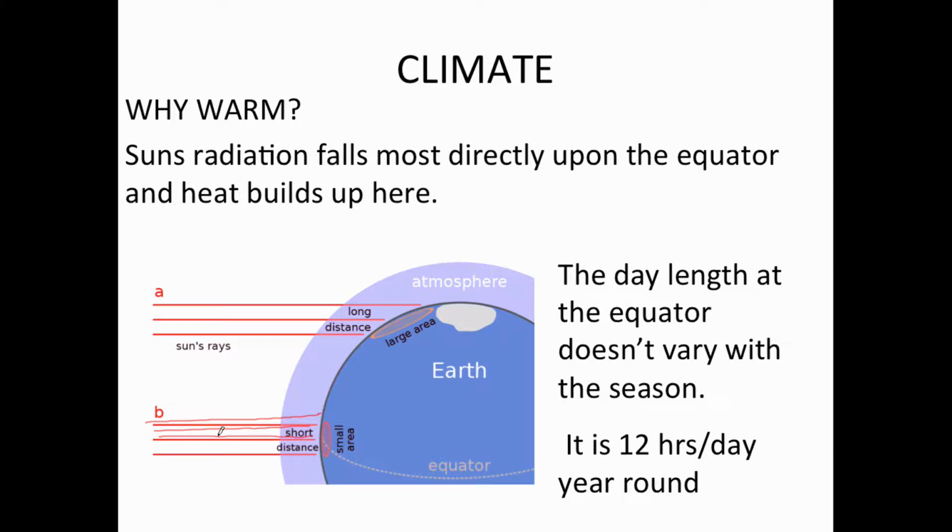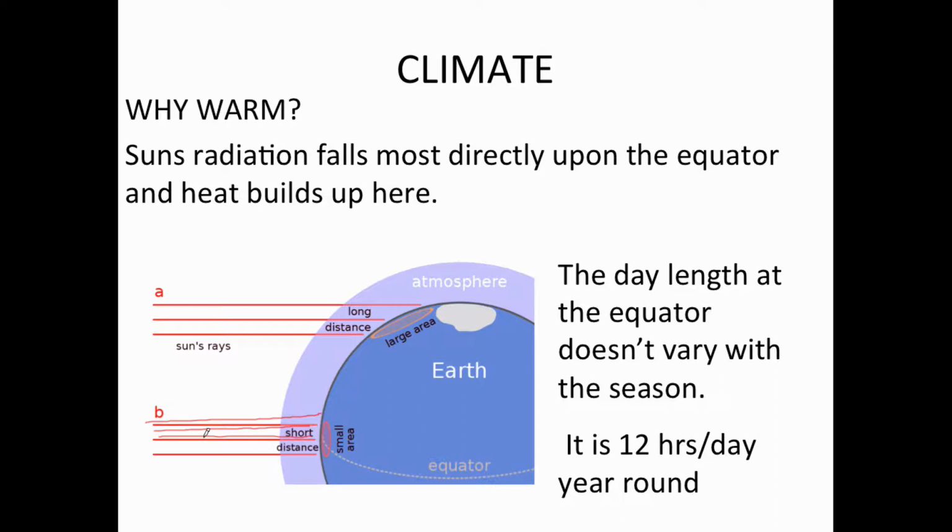And because the sun is shining more directly, it covers a smaller area and heats it up more intensely. On the northern hemisphere, as you see in this picture, there's a longer distance for the sun rays to travel, and plus the area that they cover is larger. And so all of that solar energy is more dispersed.